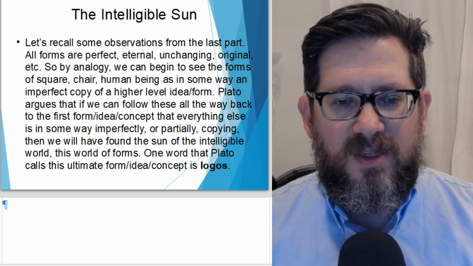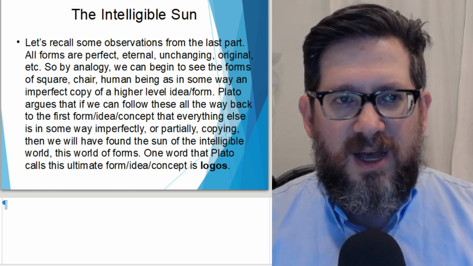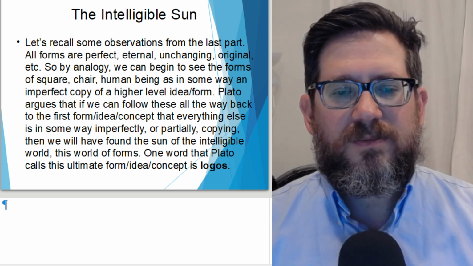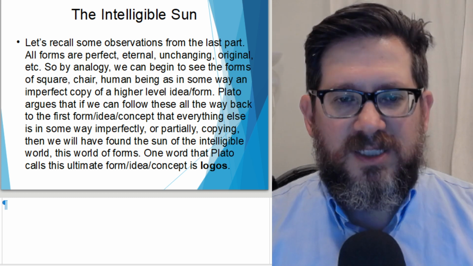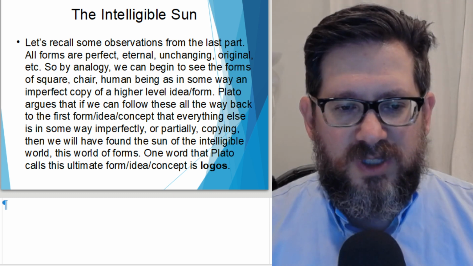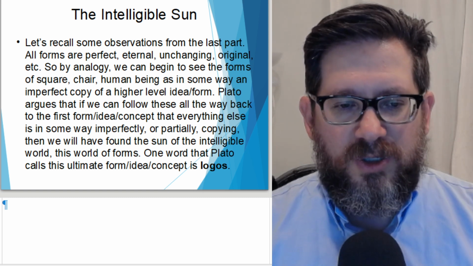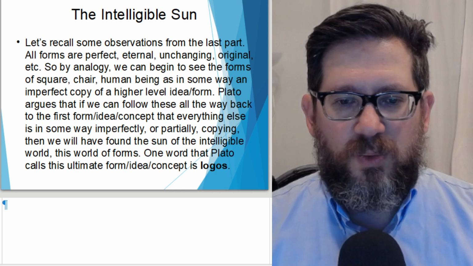And this highest level origin, Plato says, must be this intelligible sun. And Plato will use different words, but one of the words he'll use to talk about this ultimate form, idea, concept is the word logos.